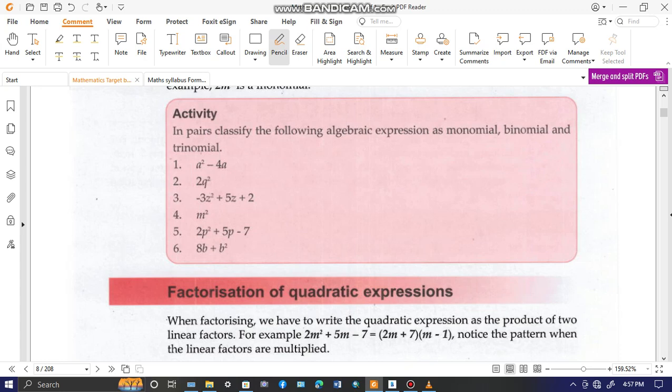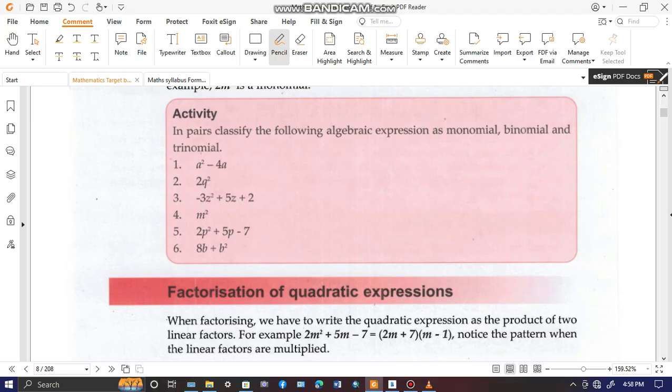In this activity, you are being told to classify the following quadratic expressions as monomial, binomial, or trinomial. So the key to grouping these expressions is just to count the number of terms available in each expression.